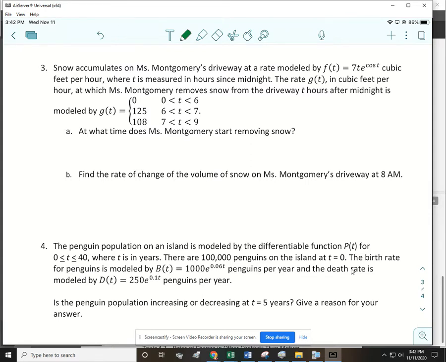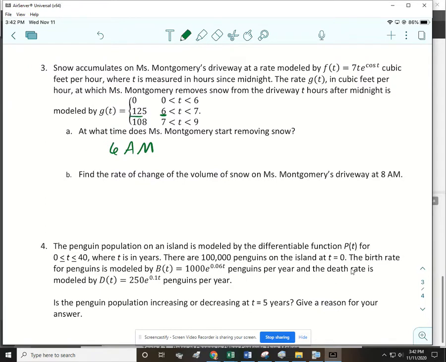So A asks, at what time does Miss Montgomery start removing snow? All right, from t equals 0 to 6, the value of the removal function is 0. So she doesn't start removing snow until 6 a.m. right there.